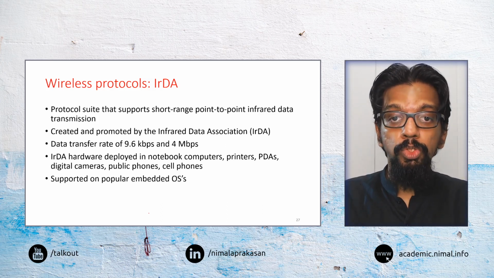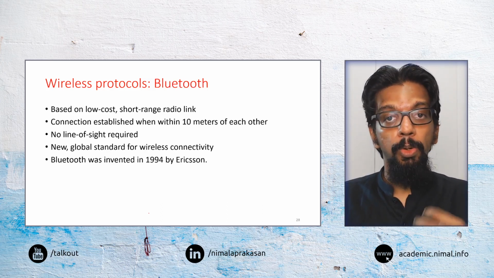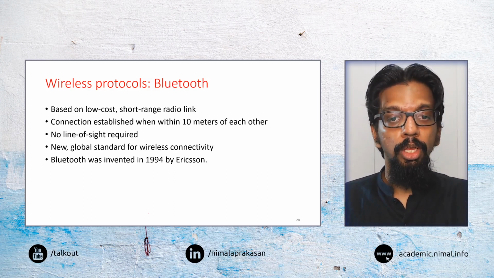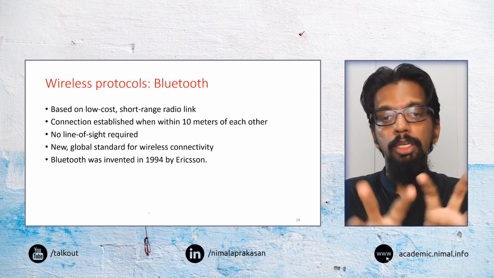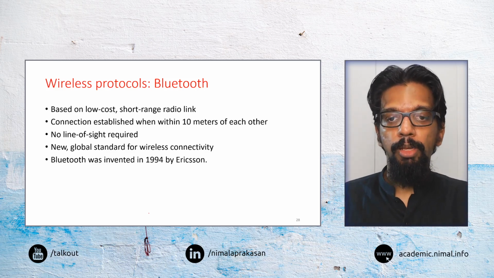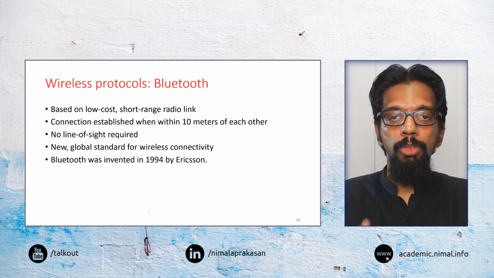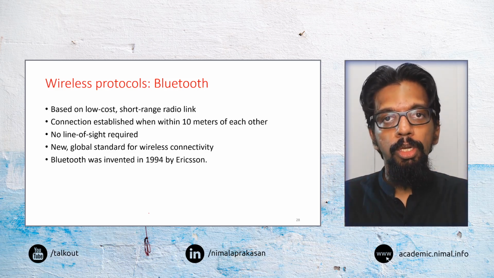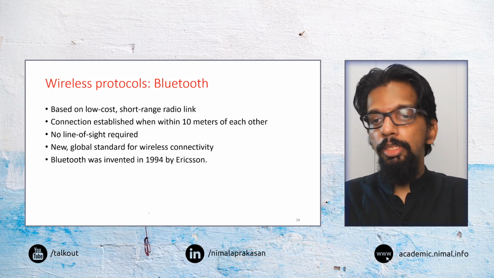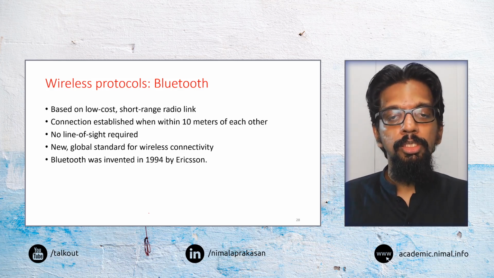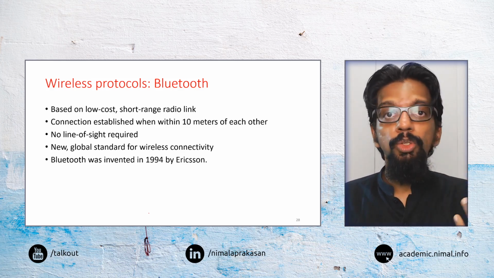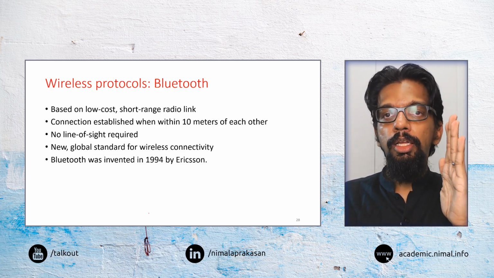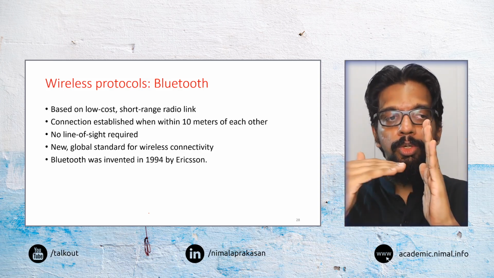But one of the most commonly used wireless communication protocols that you may be familiar with is Bluetooth. It is a low-cost way to build short-range radio links. For example, you can connect your phone to the computer, or an earphone to the computer or the phone. These work within short distances, but there's no need for line of sight, whereas infrared data communication needed line of sight.